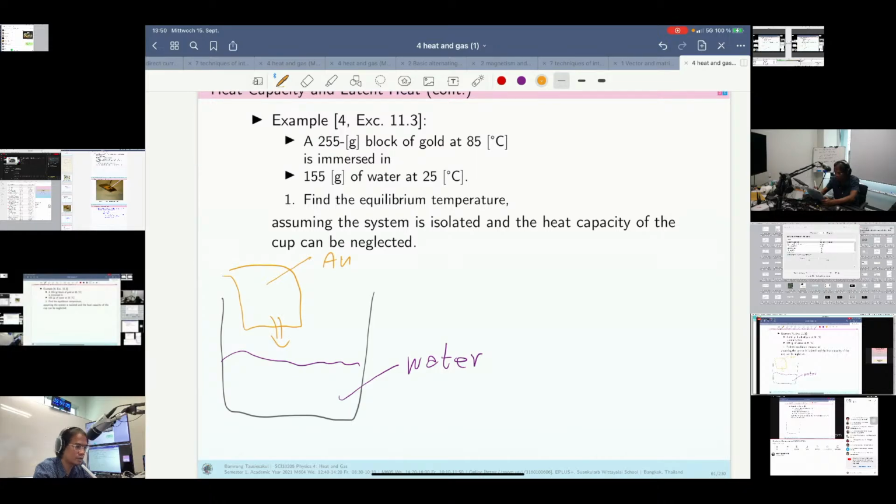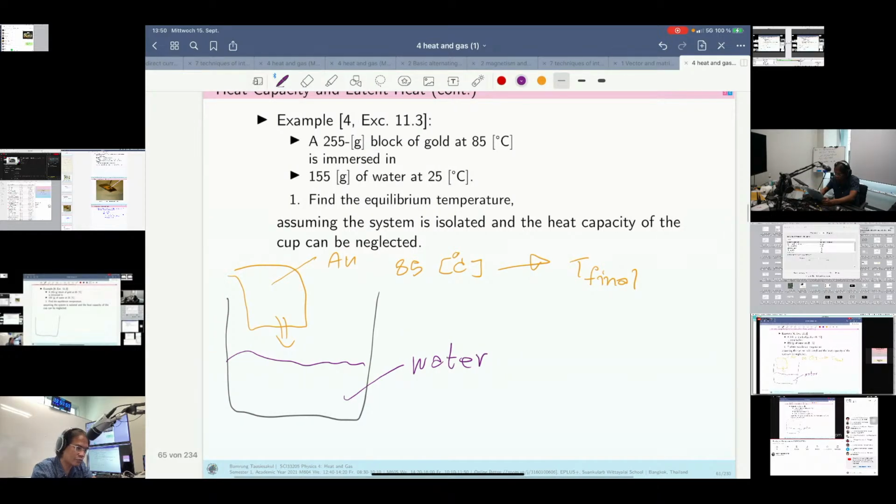Okay, throw it into the water. The gold has the temperature of 85 degrees Celsius, the initial temperature, going to T final, and you have the starting temperature for the water at 25. Okay, it's room temperature, right?